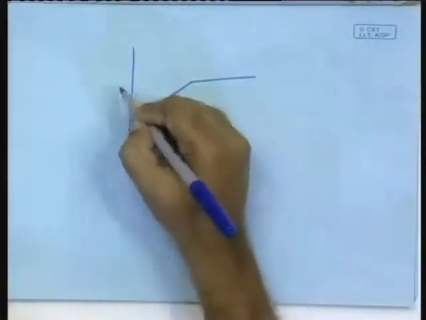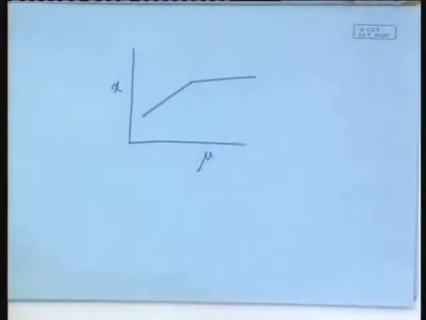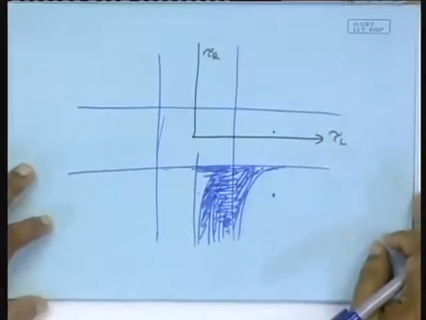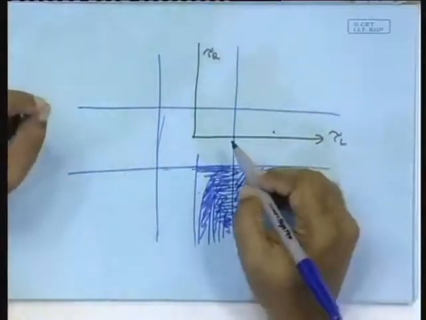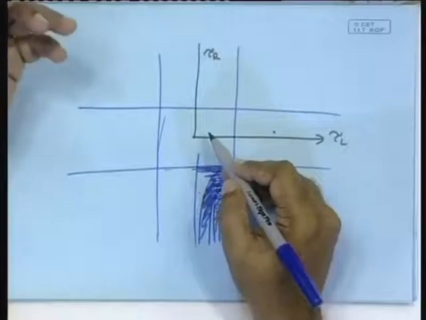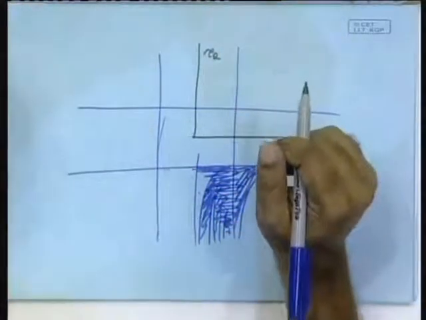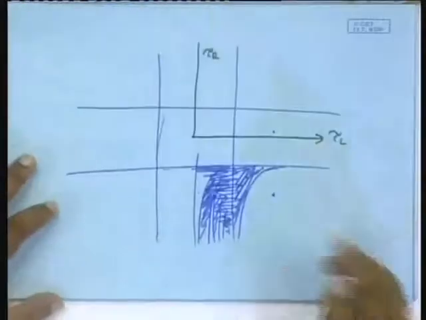So, this is mu and this is x. Well, there are complications because that does not prevent the existence of the period 1 orbit, does not prevent the coexistence of high periodic orbits. So, let us consider, will any period 2 orbit exist here?